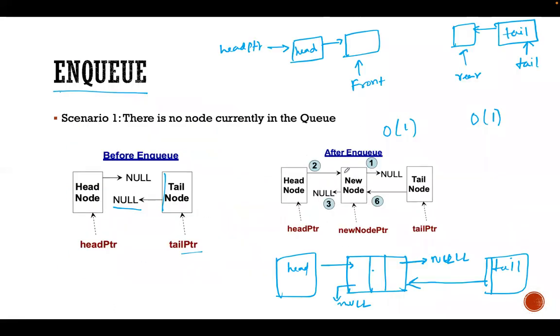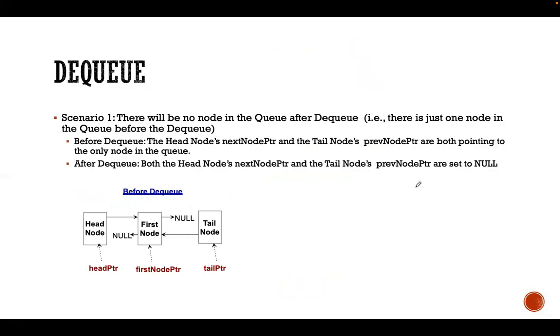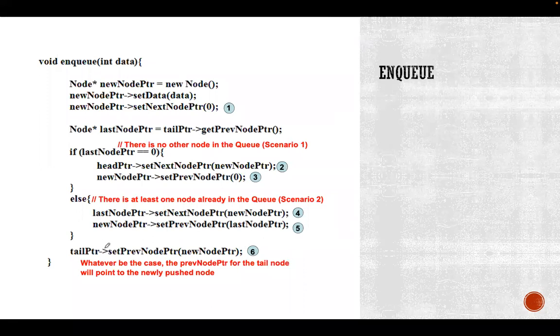And here 3 means the next of the new node will point to null. That's how we adjust that. And this line is saying that the previous pointer of the tail node will point to the given node. You can see here by 6 the previous of the tail node will point to the new node.